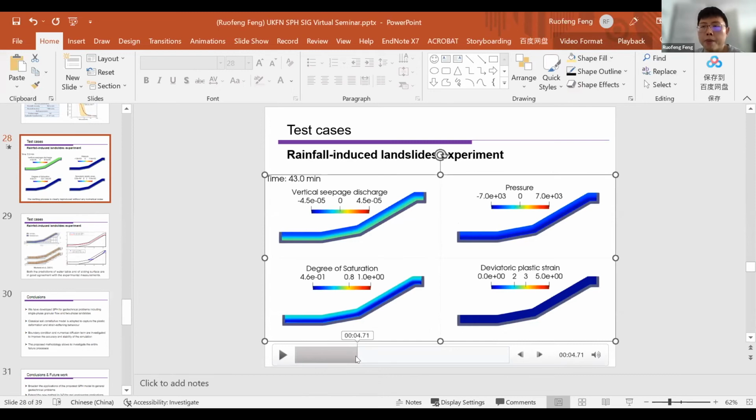So we do not really improve the computational efficiency yet, but we are considering moving the code to GPU acceleration to improve the computational efficiency. That would be the aim of my future work for sure. Okay, thanks.